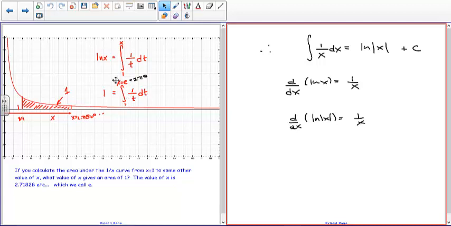And from a definite integral standpoint, I always take the difference in the value of the antiderivative, so I don't really need to worry about the limits there. This is just to define what is the natural log of x.